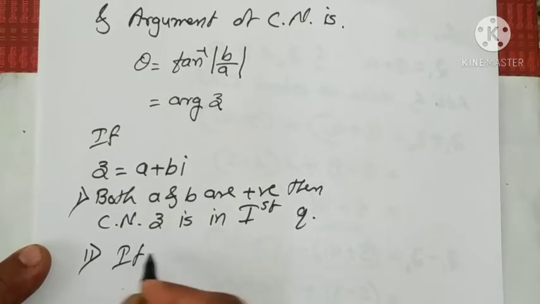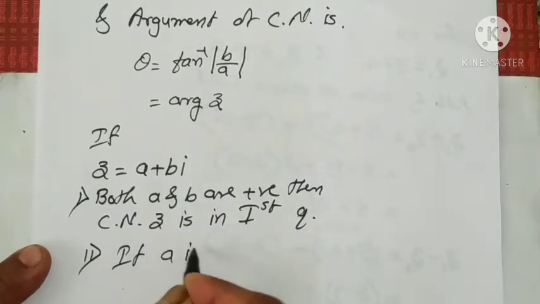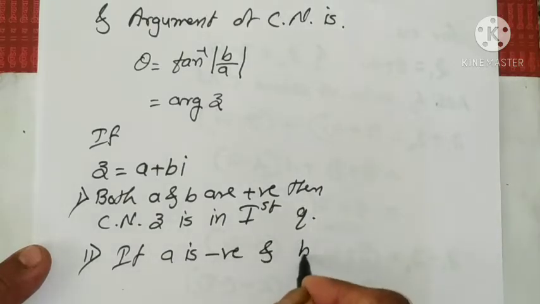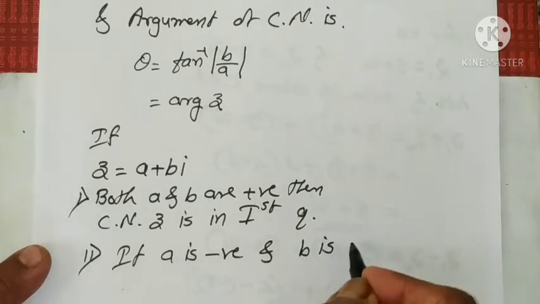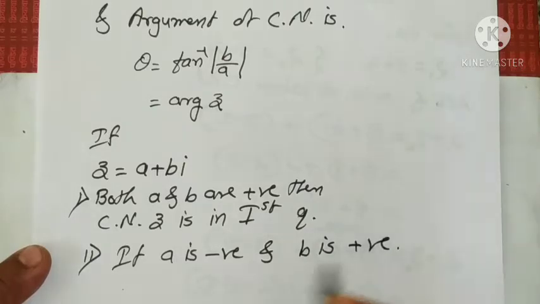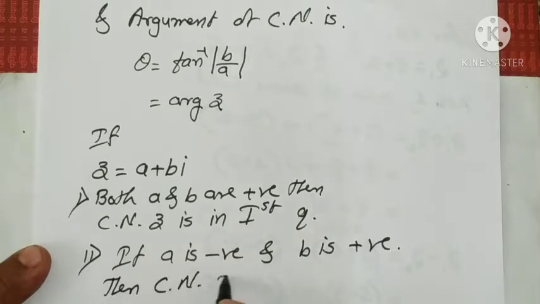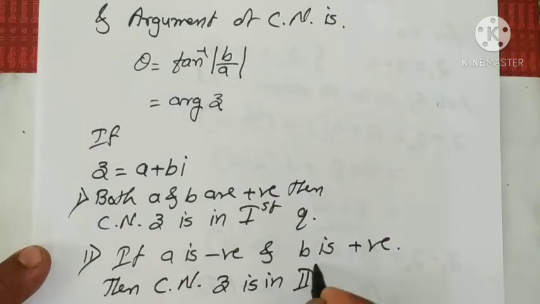If a is negative and b is positive, then complex number Z is in the second quadrant.